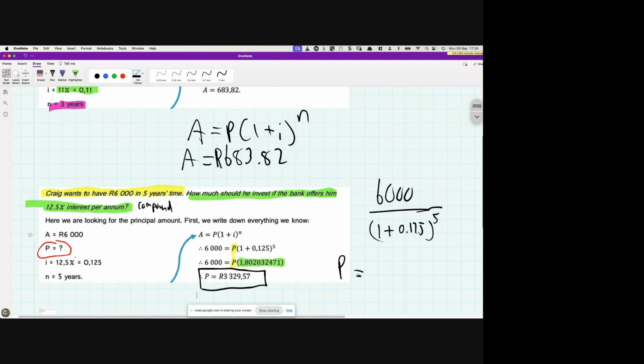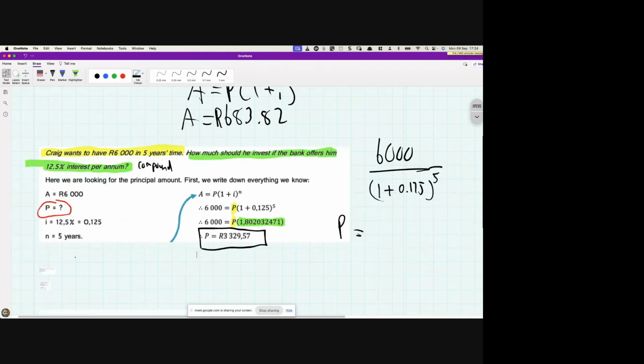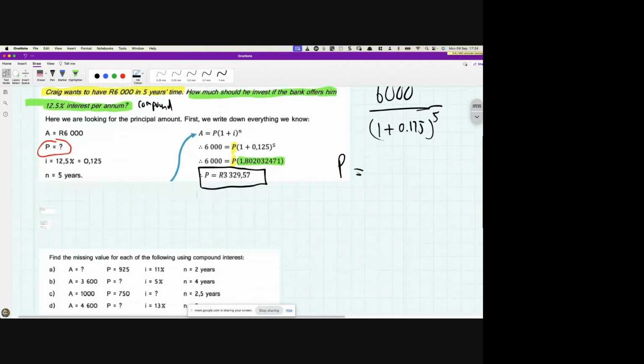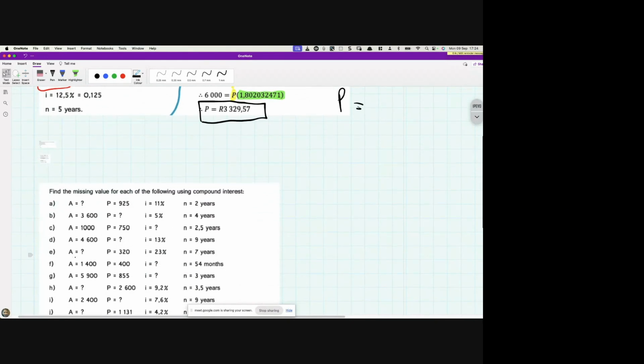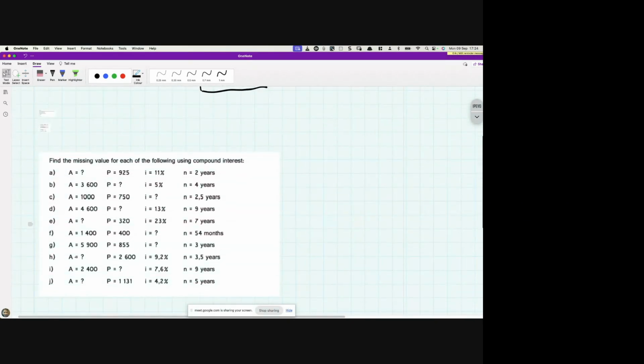All right. Now, that was me just giving you the warm-up, and I know some of you will have done this, some of you wouldn't have, but we are now going to choose some examples for you to work out. So the first example is find the missing value for each of the following using compound interest.